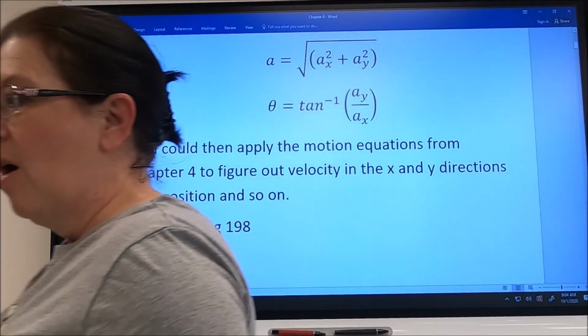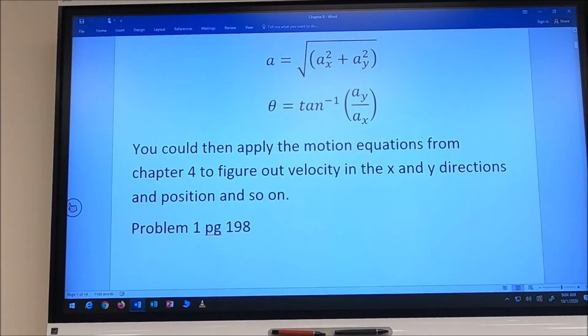So let's start by looking just at a problem that's going to look fairly familiar to us. We're going to look at problem 1 at the end of the chapter on page 198.